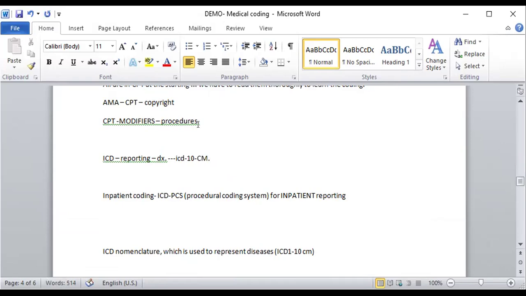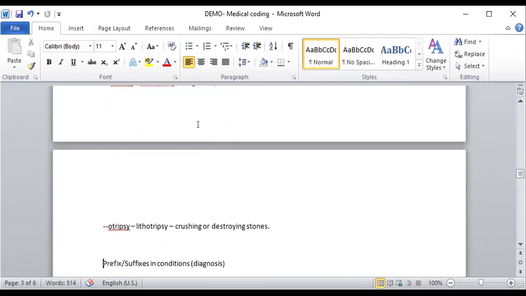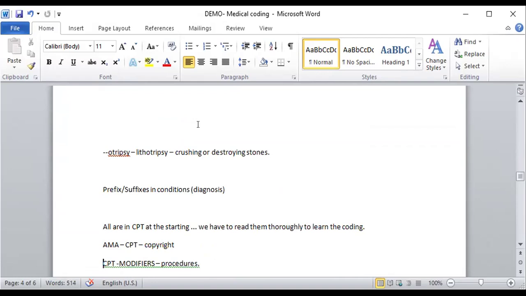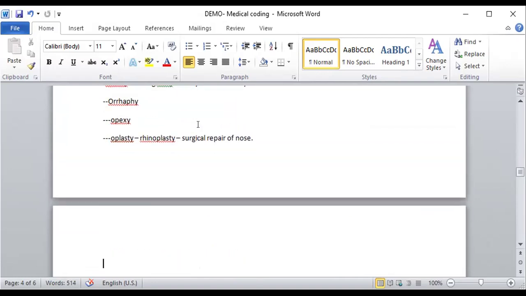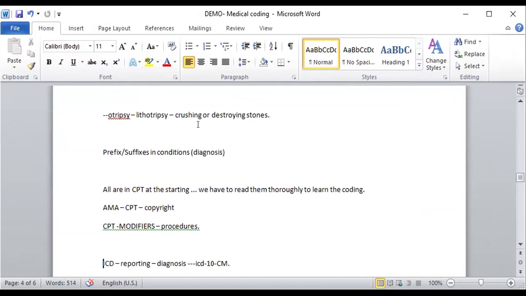We have to learn the ICD reporting for diagnosis. That's all for today. In later classes, we will discuss what ICD coding is, the suffixes, prefixes, and examples if needed, going through the ICD guidelines. What is ICD? How to search for ICD codes in the coding books. That's all for this day.